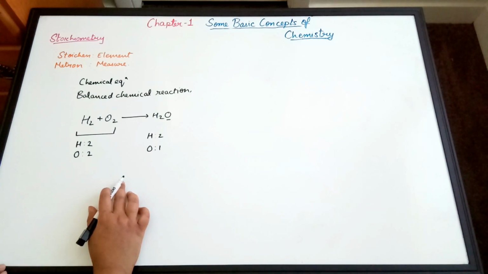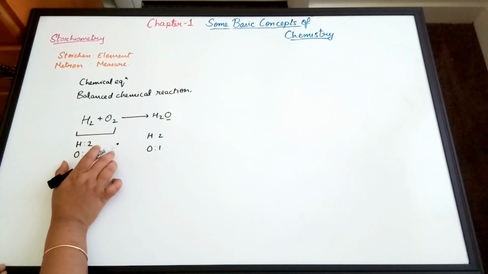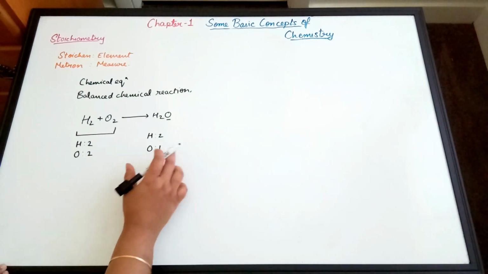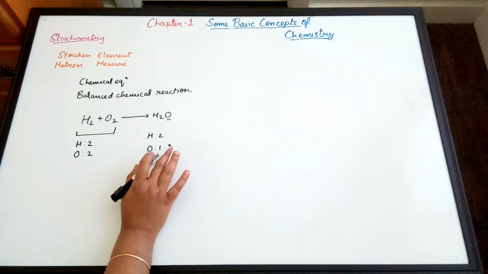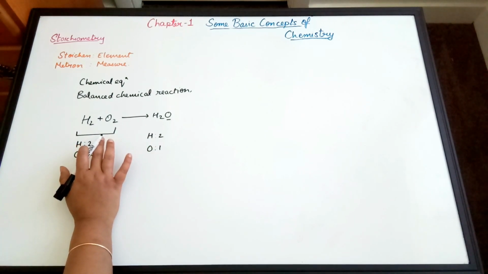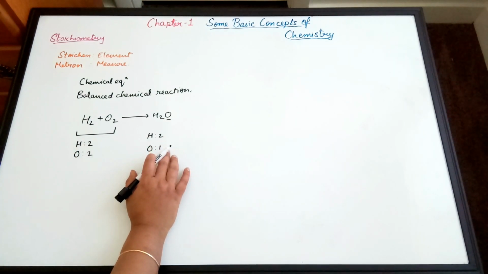According to this law, the mass on the reactant side should be equal to the mass on the product side. So a balanced chemical equation will have equal mass on the reactant and the product side. That's the main reason we need a balanced chemical equation.